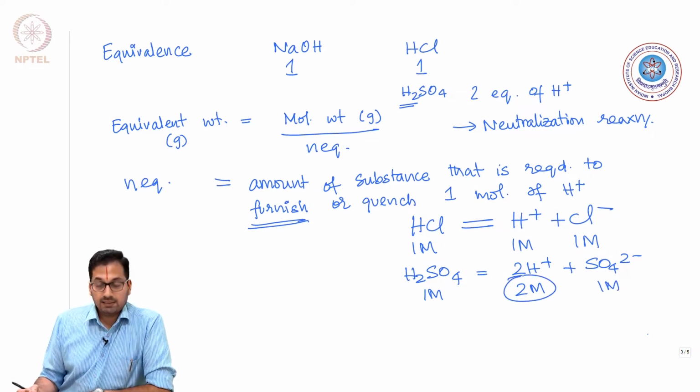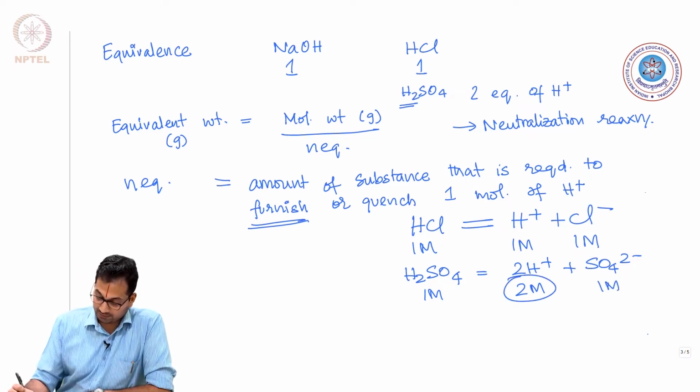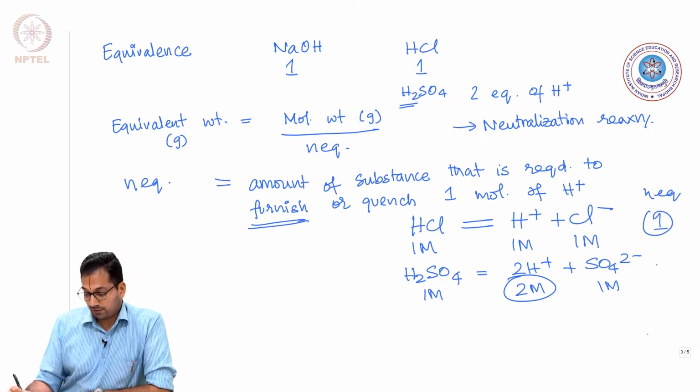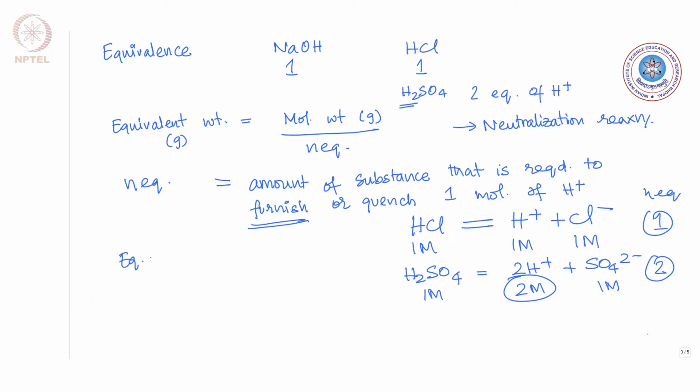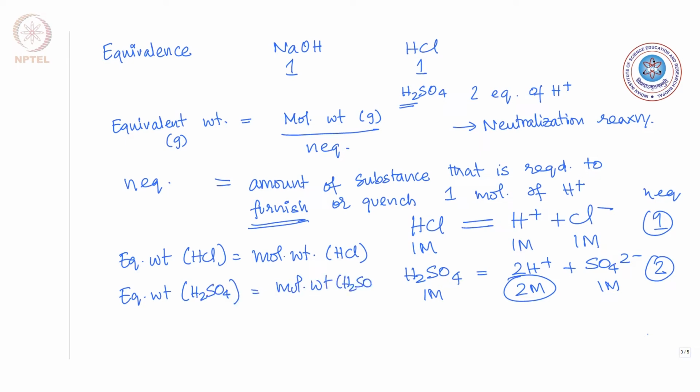For HCl, the number of equivalents is 1. On the other hand, the number of equivalents for H2SO4 is 2. Therefore, the equivalent weight of HCl is equal to its molecular weight in this reaction, but the equivalent weight of sulfuric acid, H2SO4, will be half of its molecular weight.